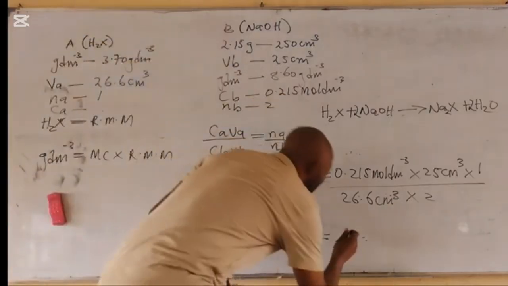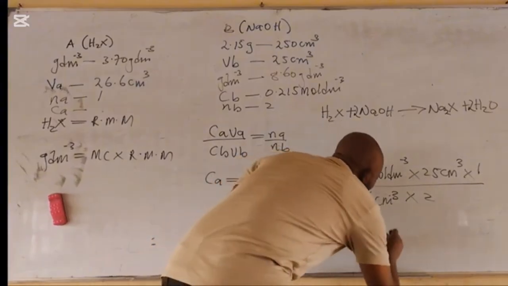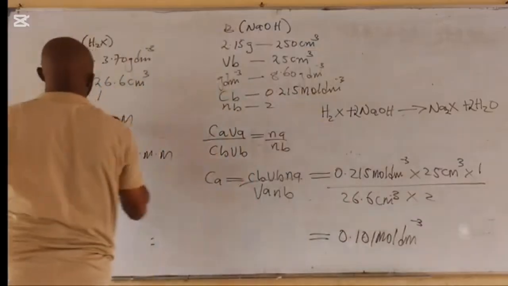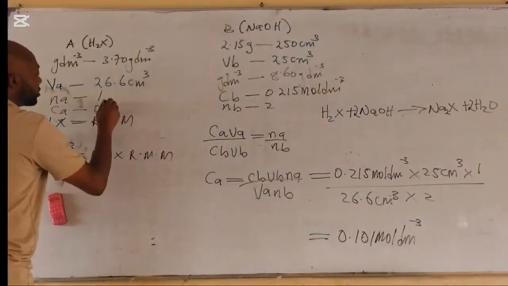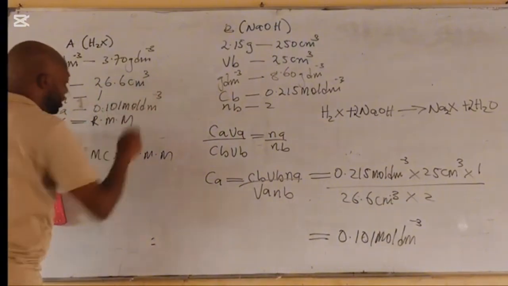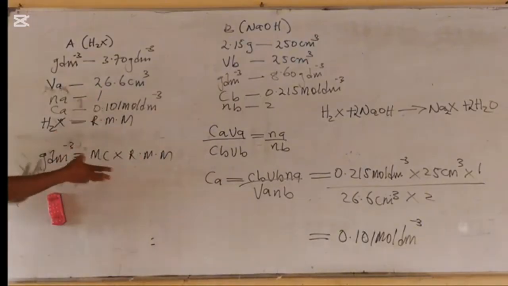So this is 0.101 mole per dm³. So this is my molar concentration. Now I have 0.101 mole per dm³. Now, if that is true, I have my molar concentration now.